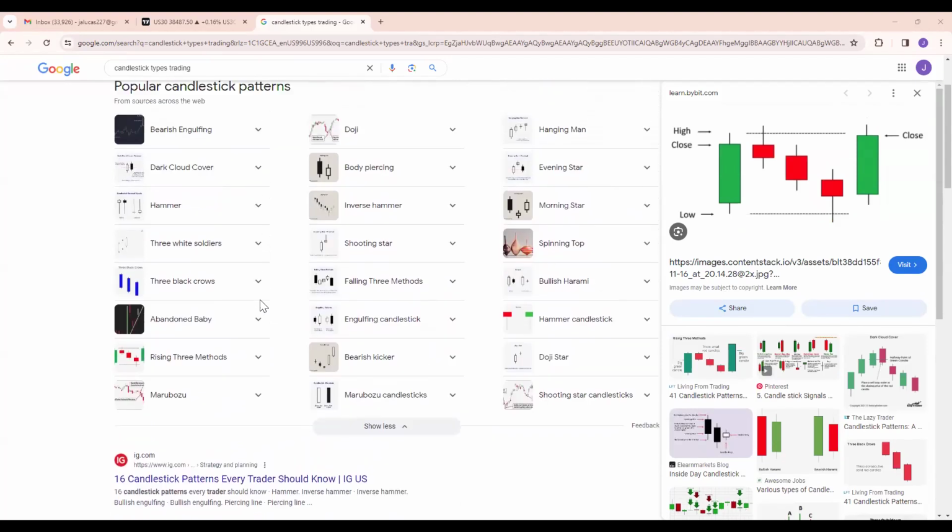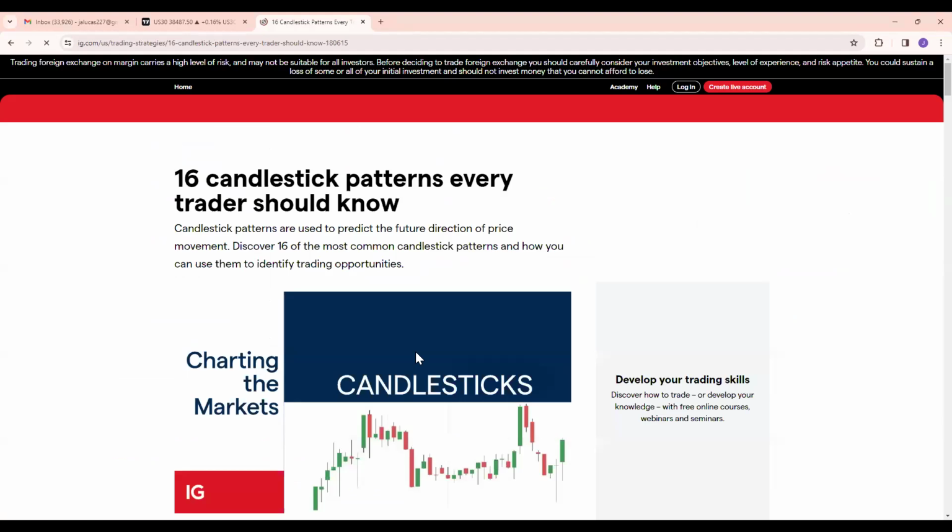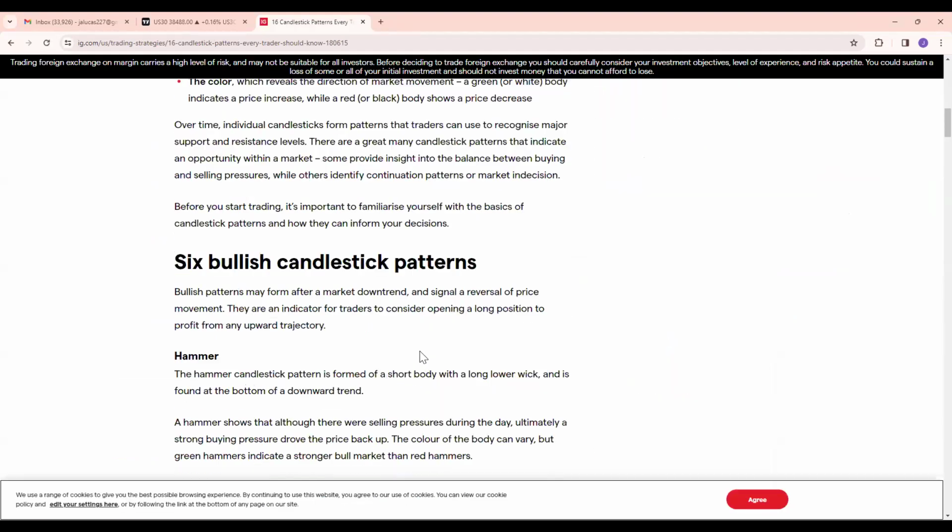Right from here, we can see that we've got a bearish engulfing, rising three methods, falling three methods, inverse hammer, the morning star, your doji, and then your hammer. These pretty much cover the ones that I feel like are the most important.